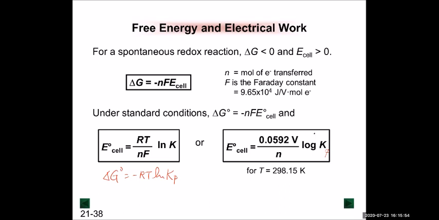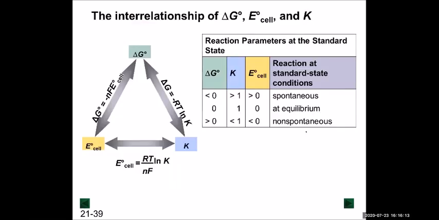When you have a very large equilibrium constant, then you would have a fairly high standard cell voltage. And that's how the energy, the equilibrium constant and the cell potential are all tied together. So this shows you the connection among these three quantities: equilibrium constant, free energy change, and cell potential.